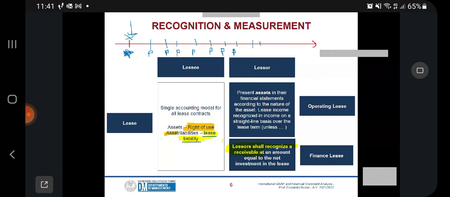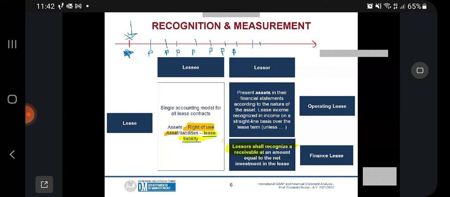Finance lease: risks and rewards of the ownership are transferred to the lessee. Even if the form is that of a lease contract, the substance is that of a sale. So the asset is de-recognized, and of course the lessor has a receivable towards the lessee.